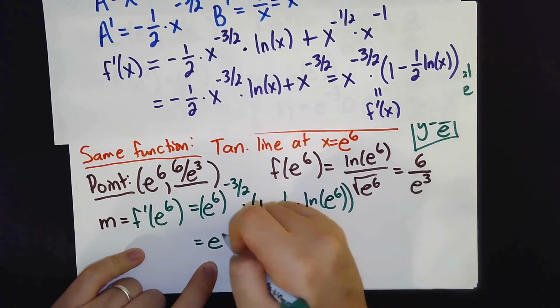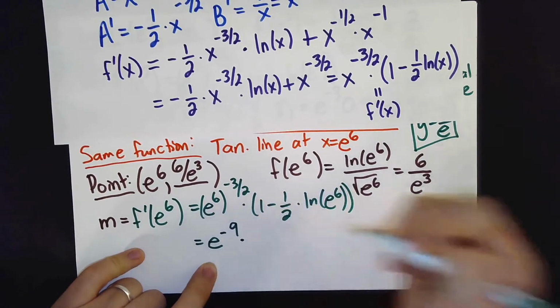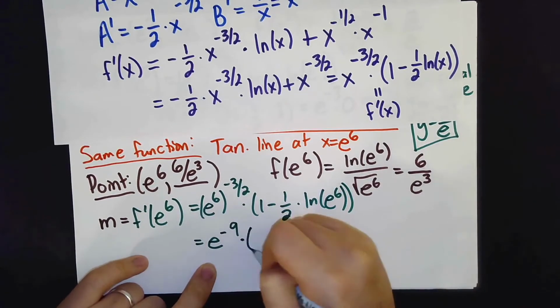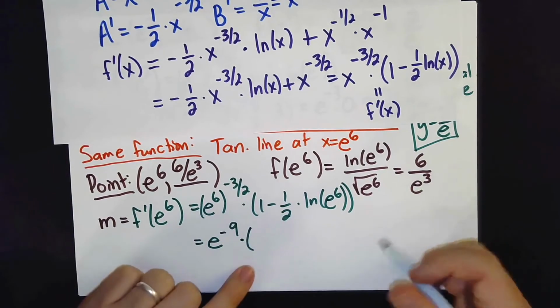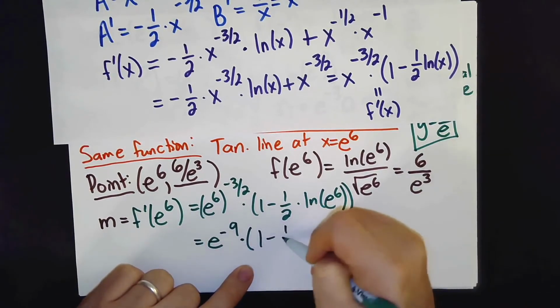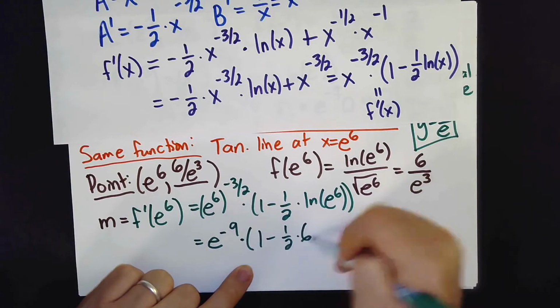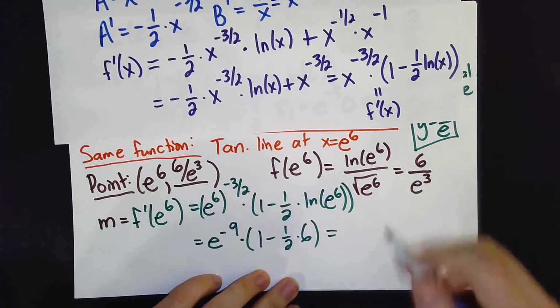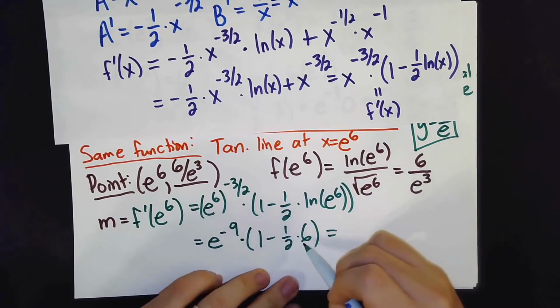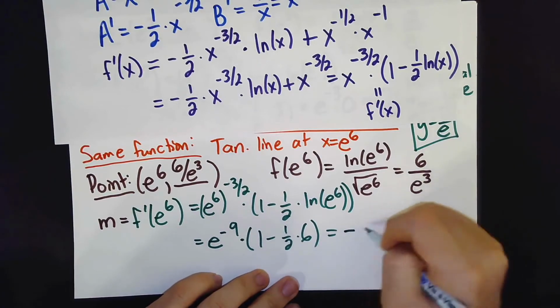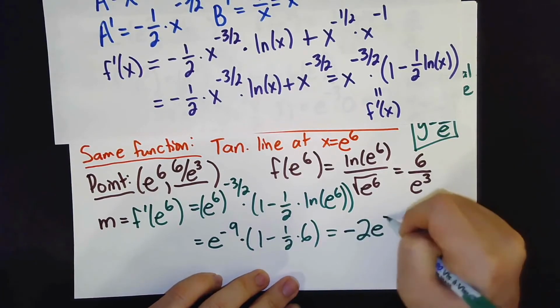This will be e to the minus 9th, because again I have my exponents stacked, times, and now 1 minus 1/2 times 6. So this is 1 minus 3, and so that means my slope is minus 2 times e to the minus 9th.